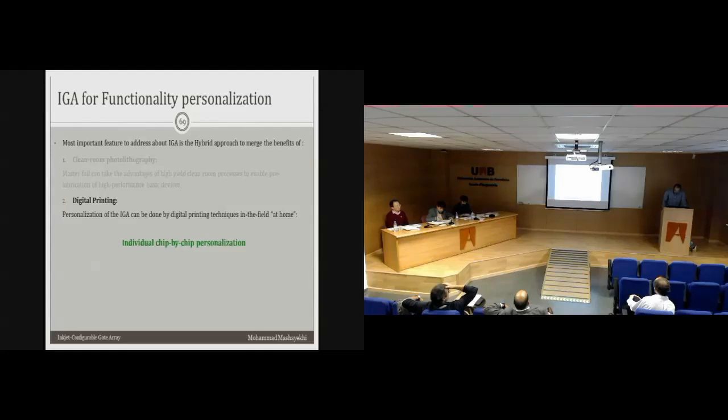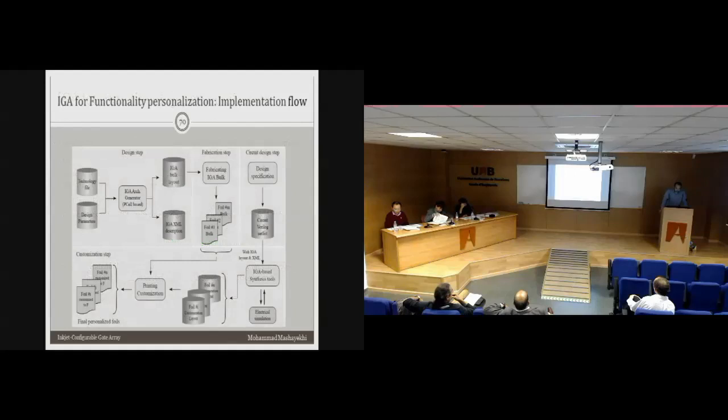This ends up as individual chip-by-chip personalization, which means each fabricated foil can be customized to its unique functionality. We are thus increasing the functional capabilities of the IGA at lower cost compared to OTP, RAM, or other techniques.